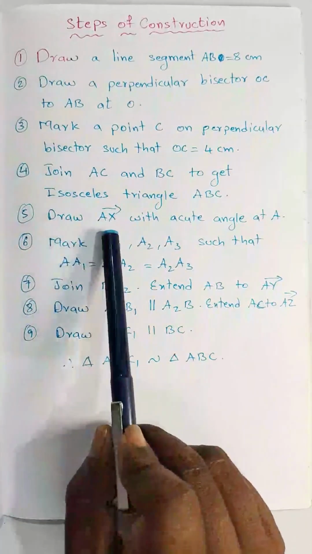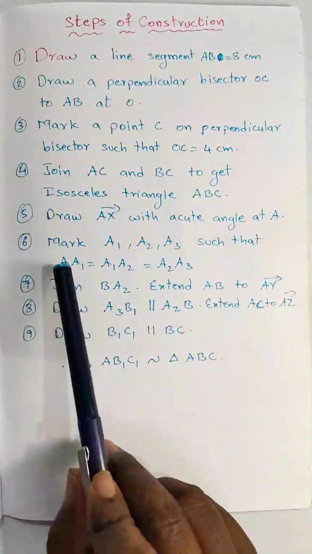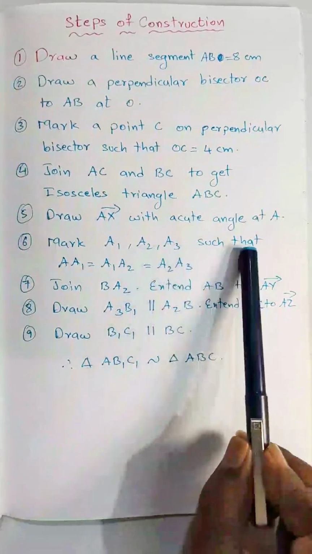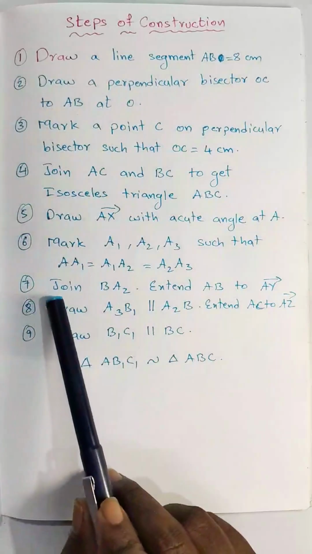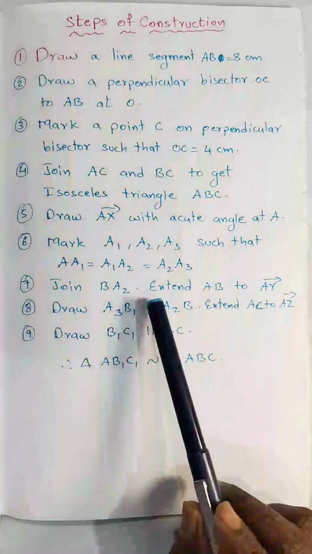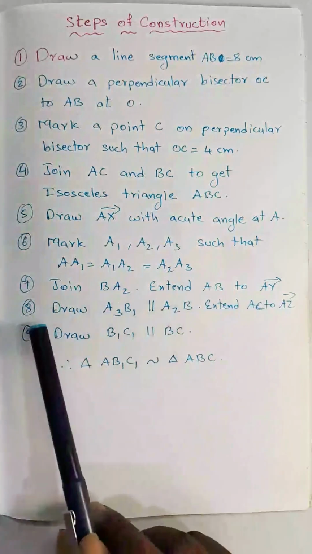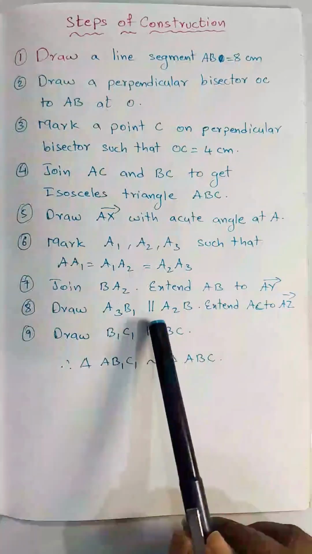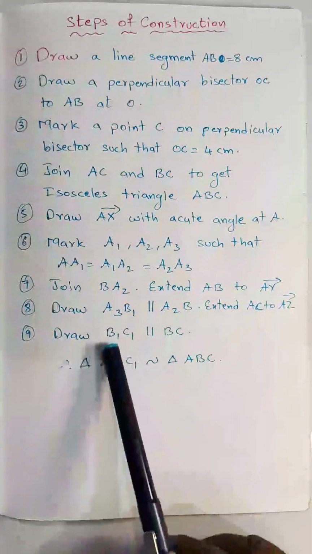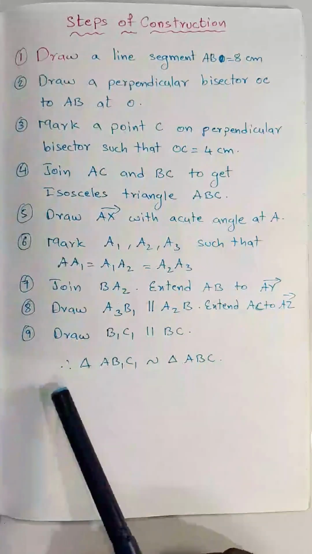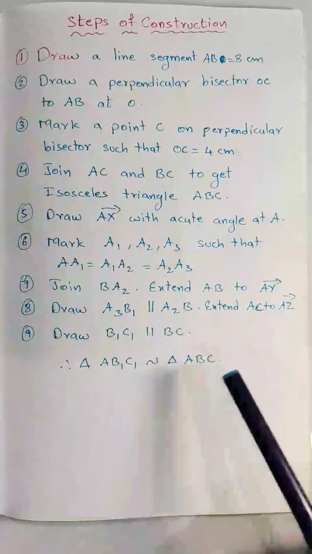Draw AX with acute angle at A. Mark A1, A2, A3 such that A A1 is equal to A1 A2, equal to A2 A3. Join B, A2 and extend AB to AY. Draw A3 B1 parallel to A2 B. Extend AC to AZ. Draw B1 C1 parallel to BC. Therefore, triangle A, B1, C1 is similar to triangle ABC.